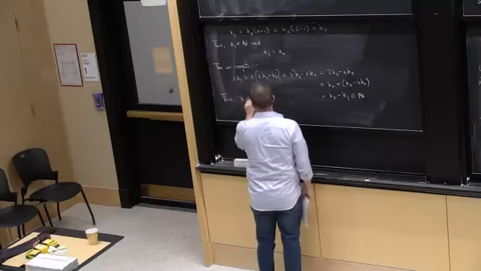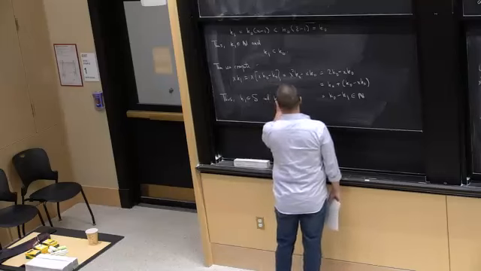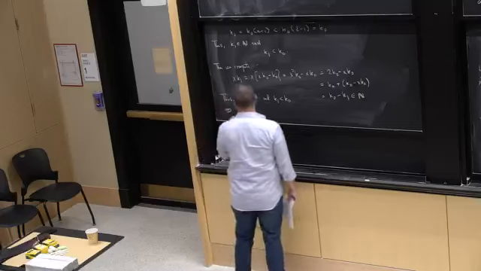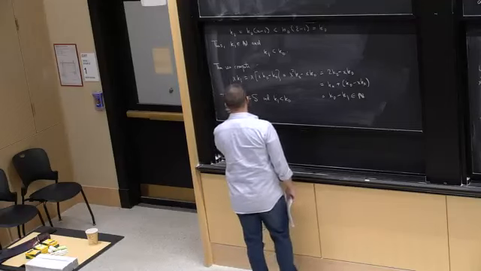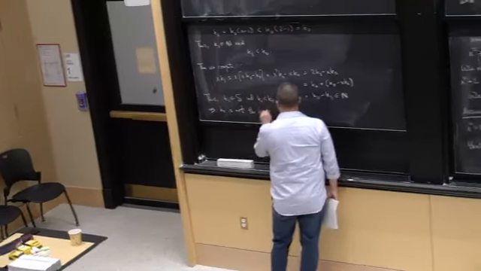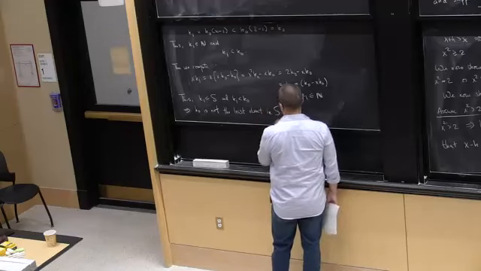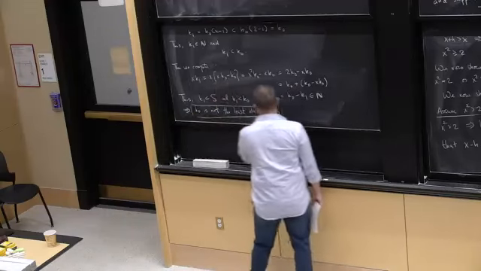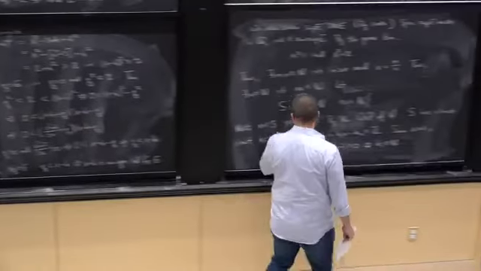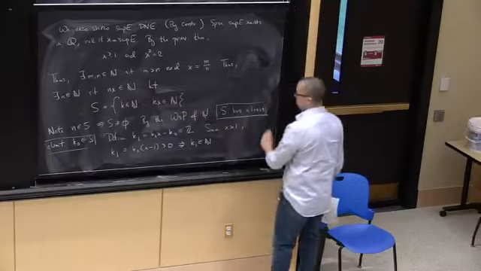Thus, K1 is in S, and K1 is less than K0, which implies K0 is not the least element in S, which is a contradiction to the fact that it is the least element of S.